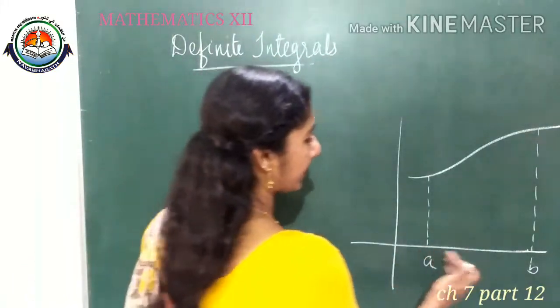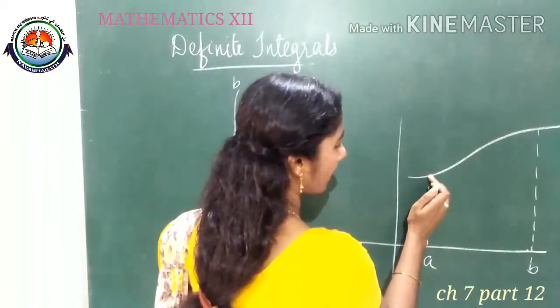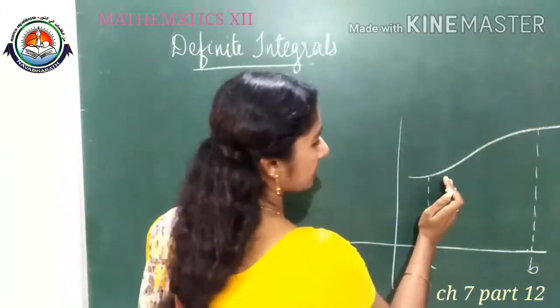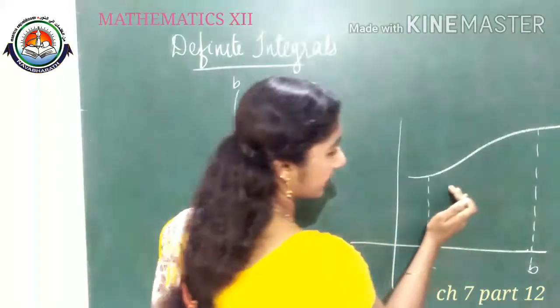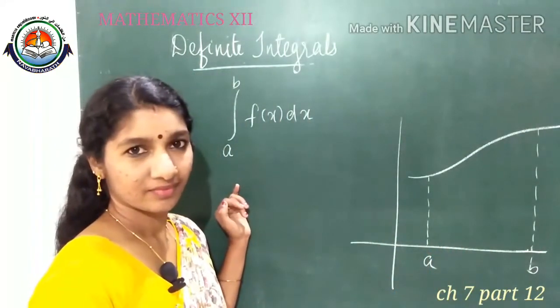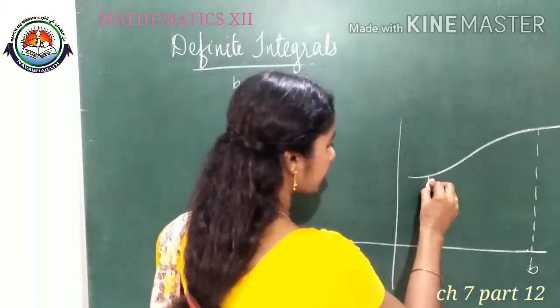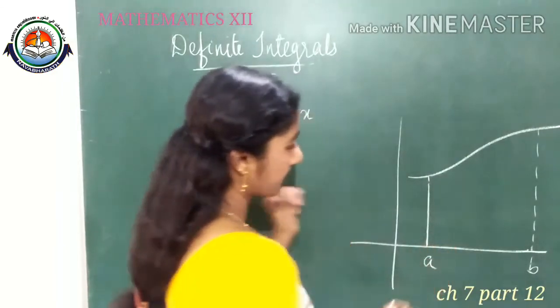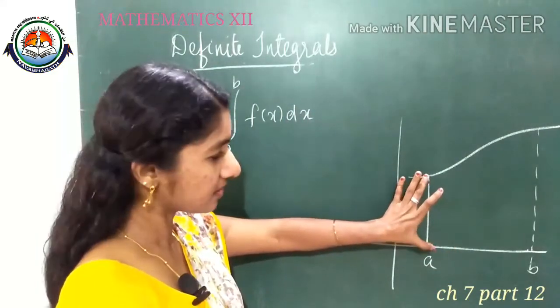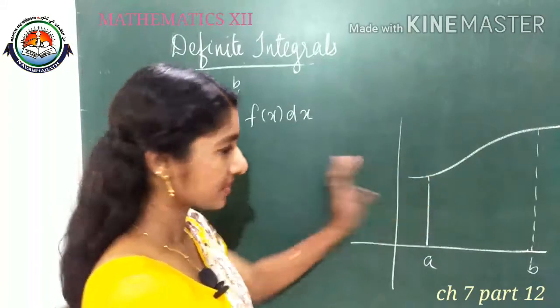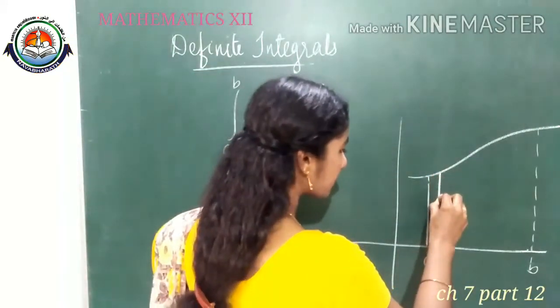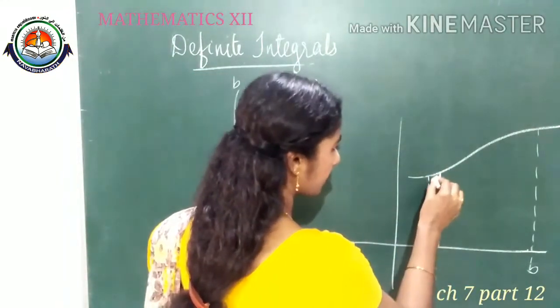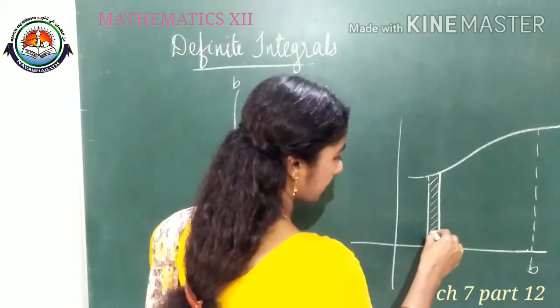Okay, so from a to b means from this point to this point, this much portion we are getting. And see, f of x means the height of this length, means this height. Suppose I am drawing one strip like this.